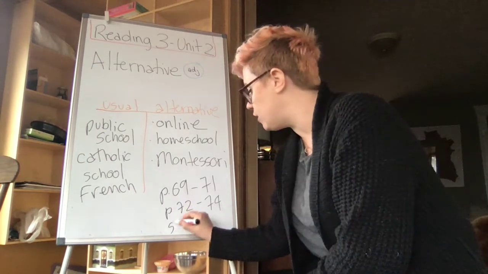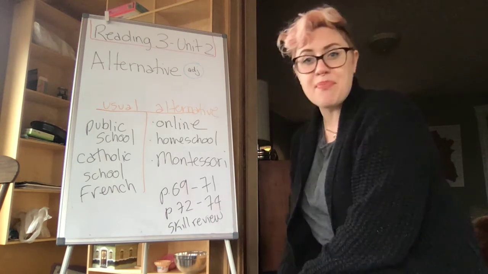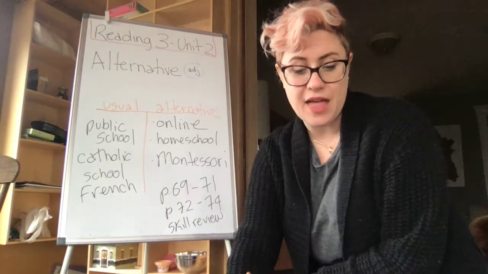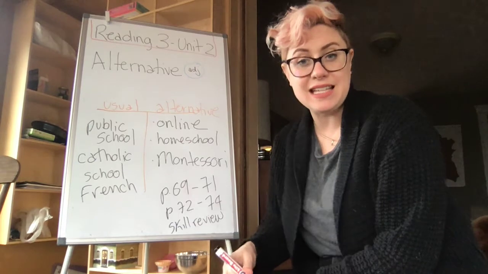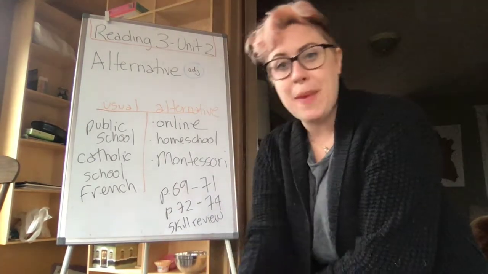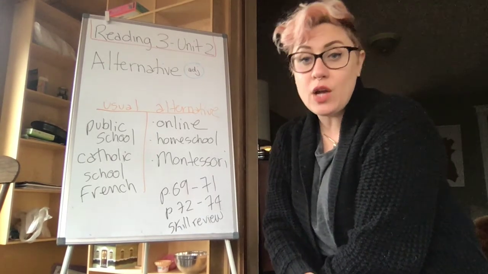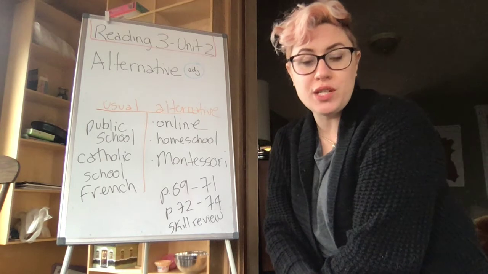Now, the skill review isn't something we have learned in class together. It's about identifying details. But I want you to see if you can do it based on what you know about writing essays. Like we know how a paragraph is usually structured, right?